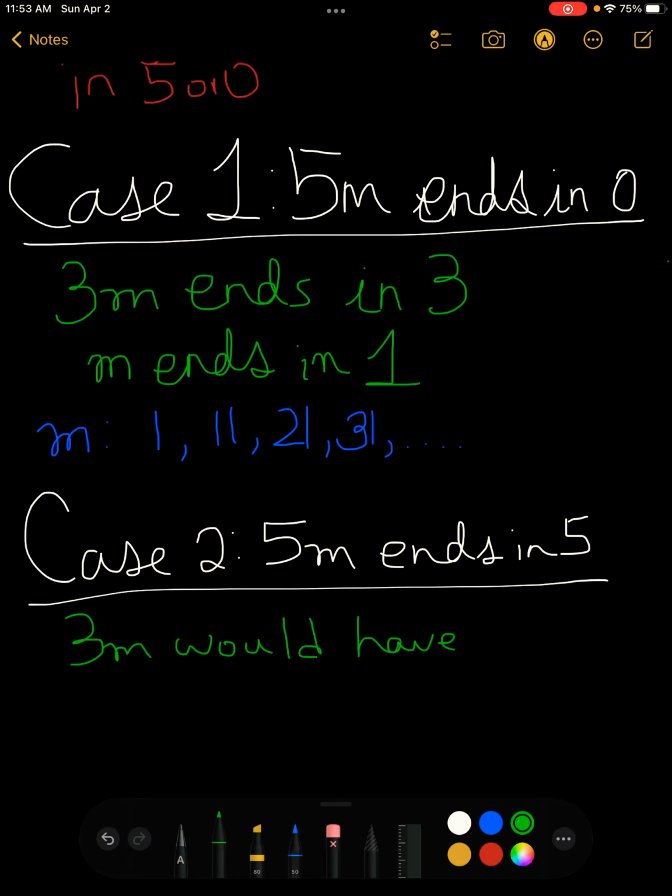Because the only possible way to get a units digit of 3, like in 503, if 5m ends in 5, is for 3n to have a units digit of 8. Otherwise, it's simply impossible.